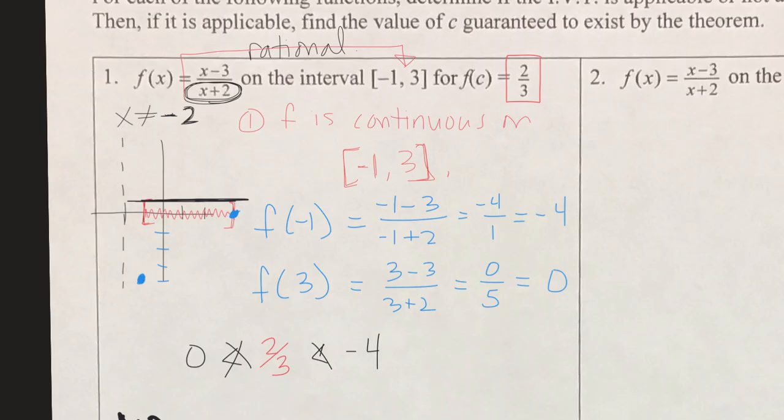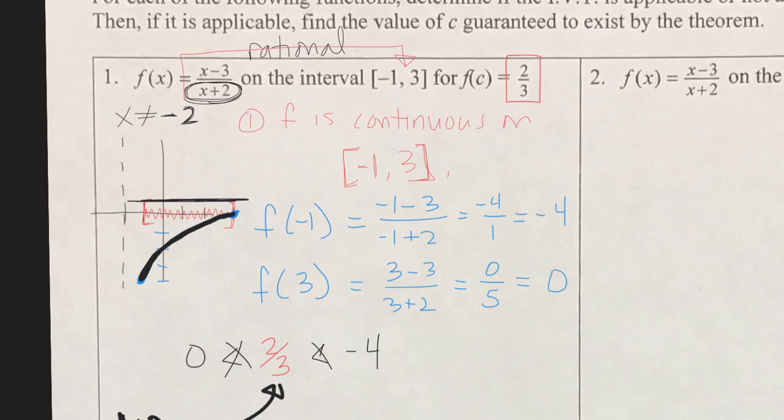No, right? Because our K that we're looking for, our 2/3, is not in between 0 and -4. The intermediate value theorem only guarantees the points between -4 and 0. And 2/3 is not between -4 and 0.